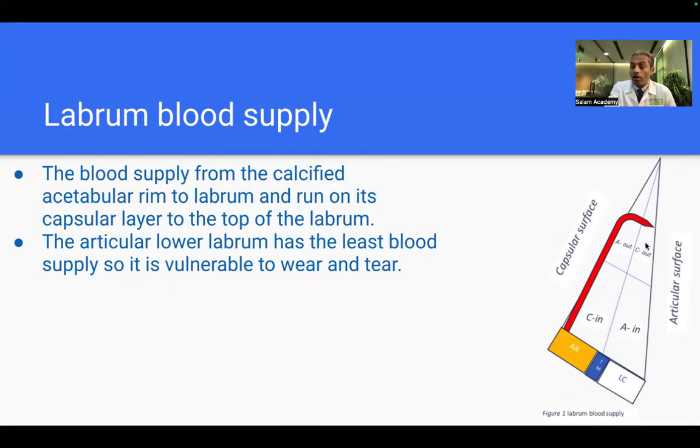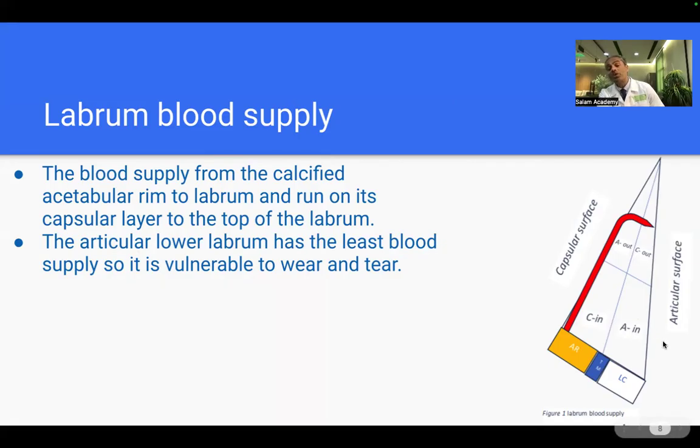The upper part or the outer part of the labrum in the articular area also has a good blood supply. But this one has a little and poor blood supply.